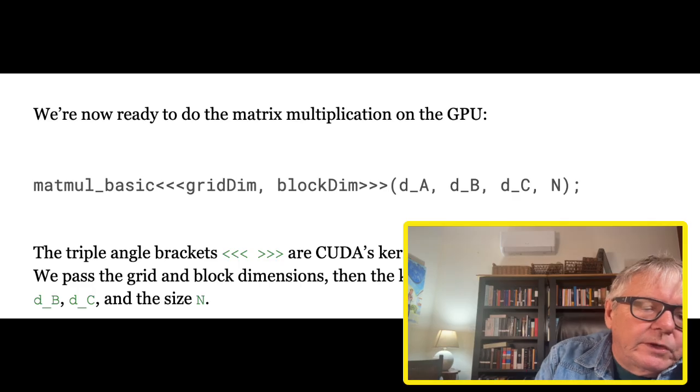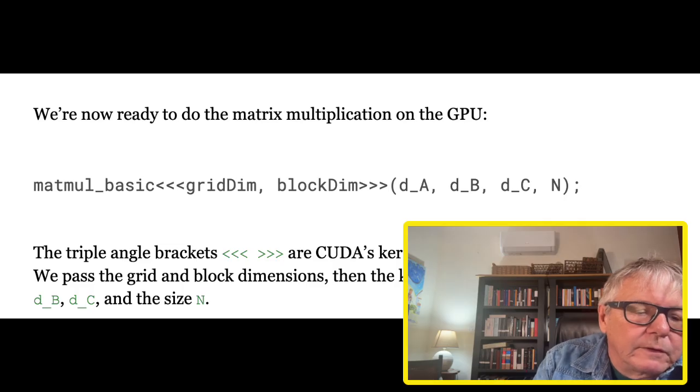So we have here again blockDim n by n, which is 3 by 3, 9 threads per block, and then gridDim 1, so we're going to have 1 block.